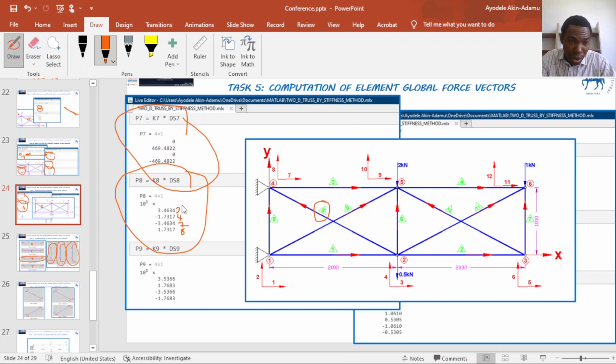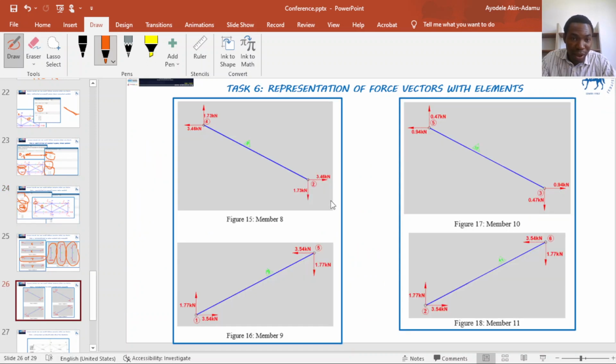So actually the resultant of the forces at degrees of freedom 3 and 4 is the resultant force at node 2, while the resultant of the forces at degrees of freedom 7 and 8 is the resultant force at node 4. So this is what we have here.